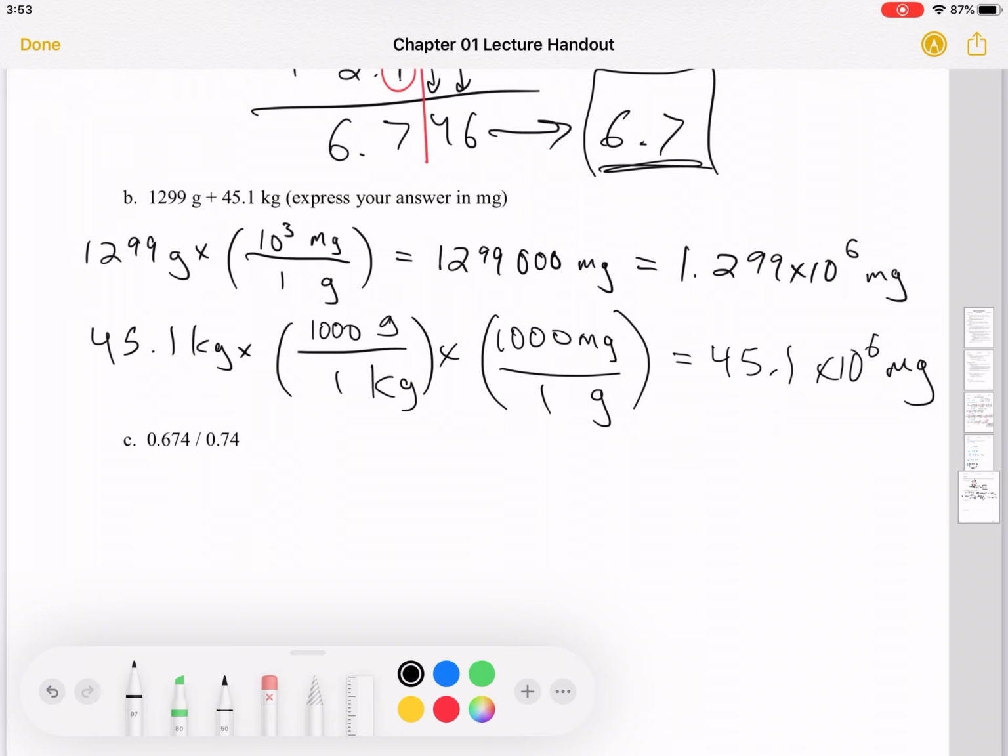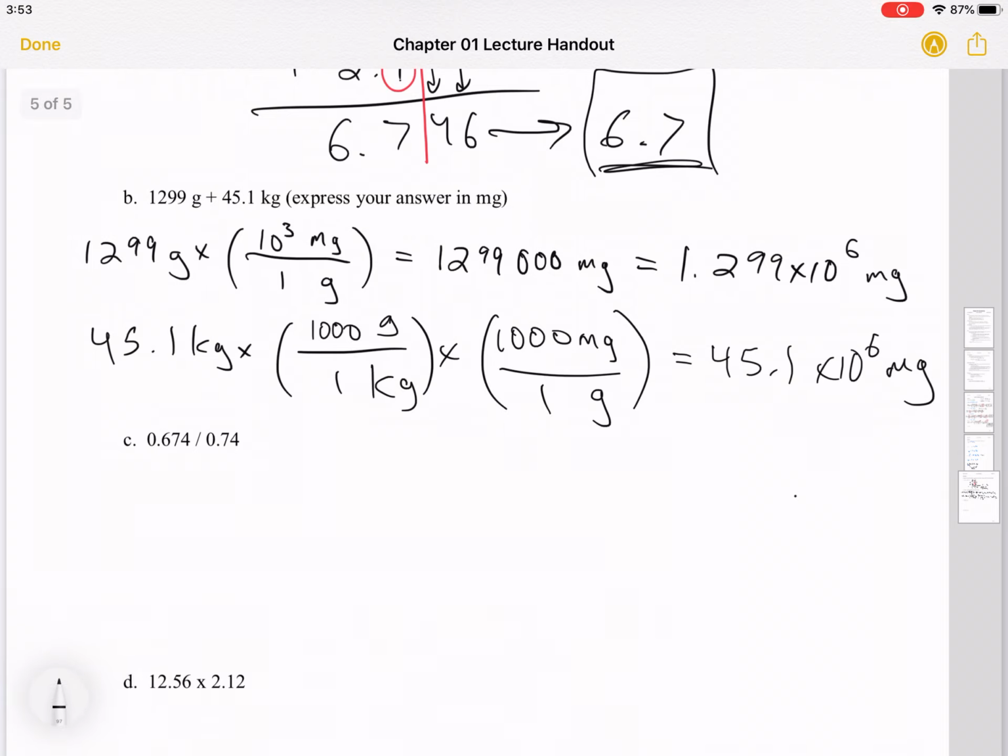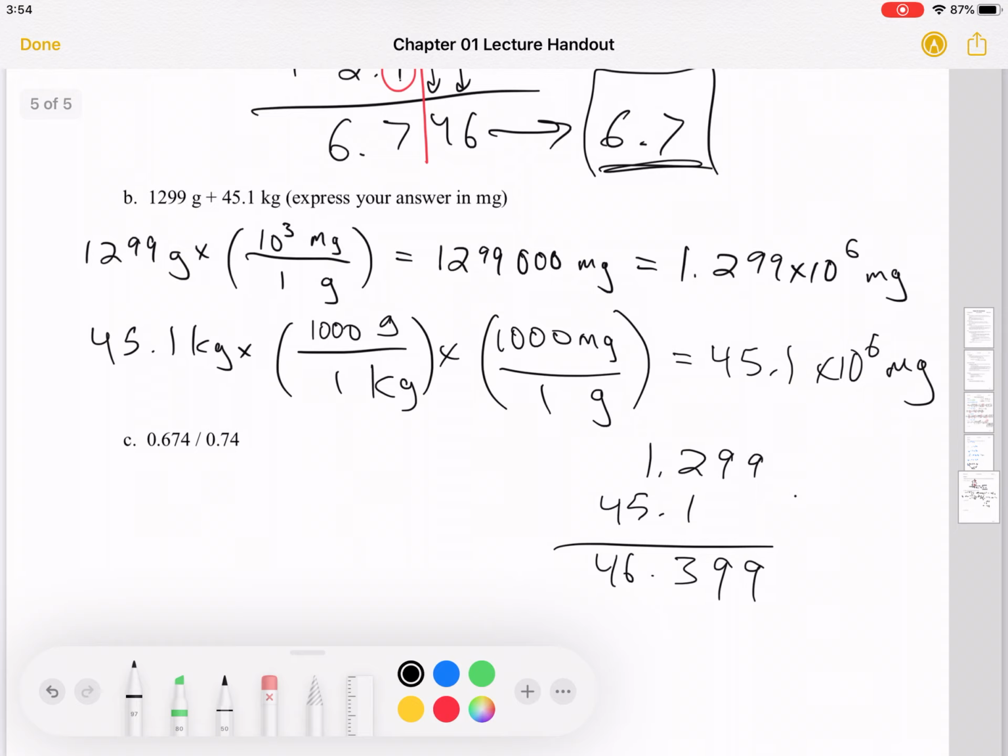Okay, what was I doing? I was adding. So let's add these two. 45.1 plus 1.299. Let's do that. 1.299 and 45.1. Looks like 46.399. But the 45.1 is going to govern our sig figs.